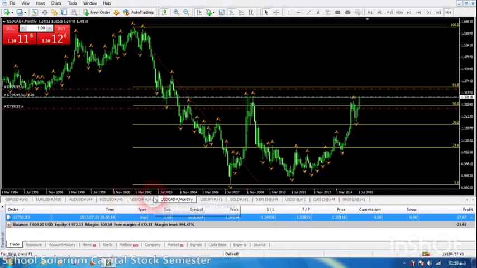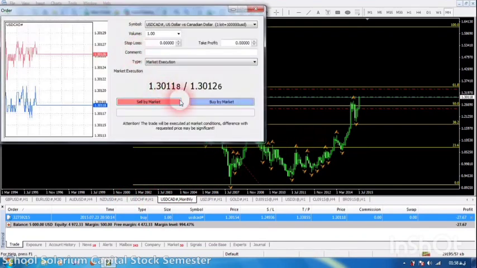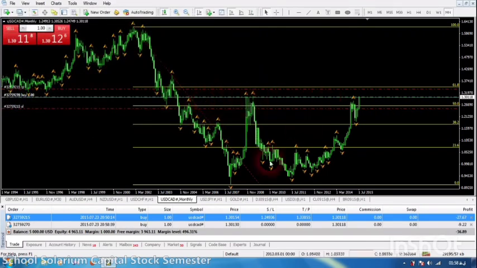For example, on this exact chart here that I have started a buy order, I can start another buy order. As you can see, a new order here has been opened. Yeah, I have two orders in this chart, as you can see.